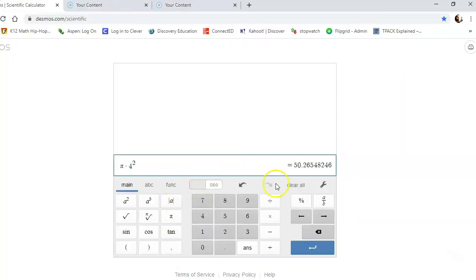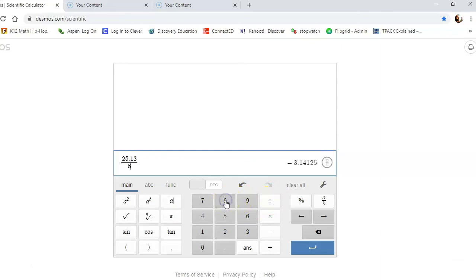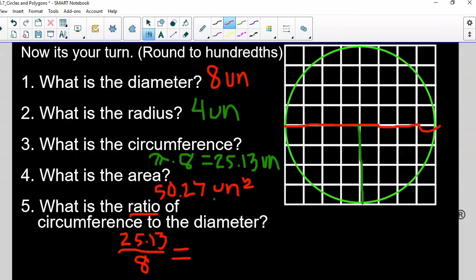I'm going to clear it again. 25.13 divided by 8. And there you see 3.14125. It's not perfect all the way through, but it's definitely good to the hundredths place. So we know our calculations are good. 3.14, because pi is the ratio of the circumference to the diameter.